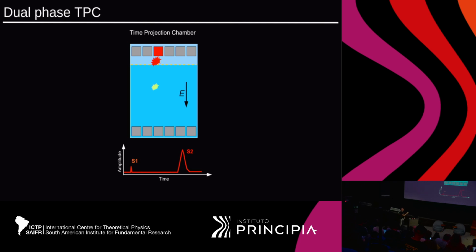So you have here a flash of light that is actually much larger than the scintillation signal that you had there. It's like a spark, if you wish, okay? So you have then this huge signal here.